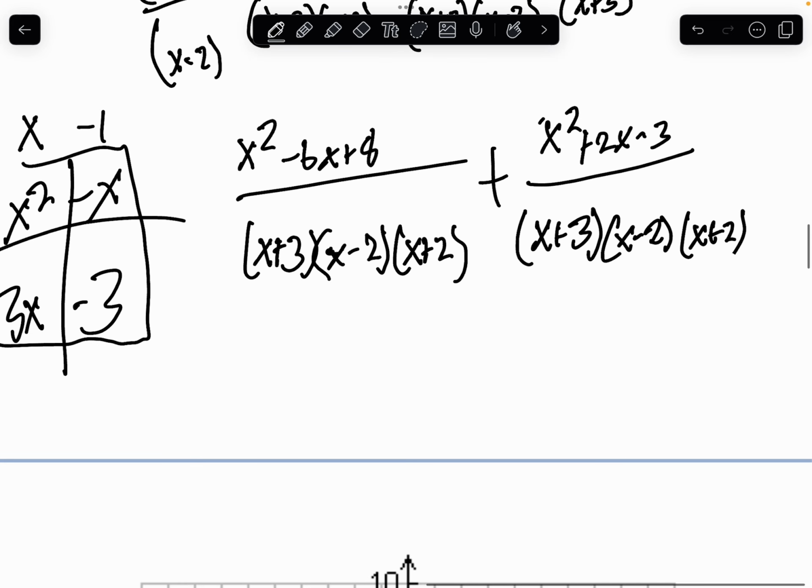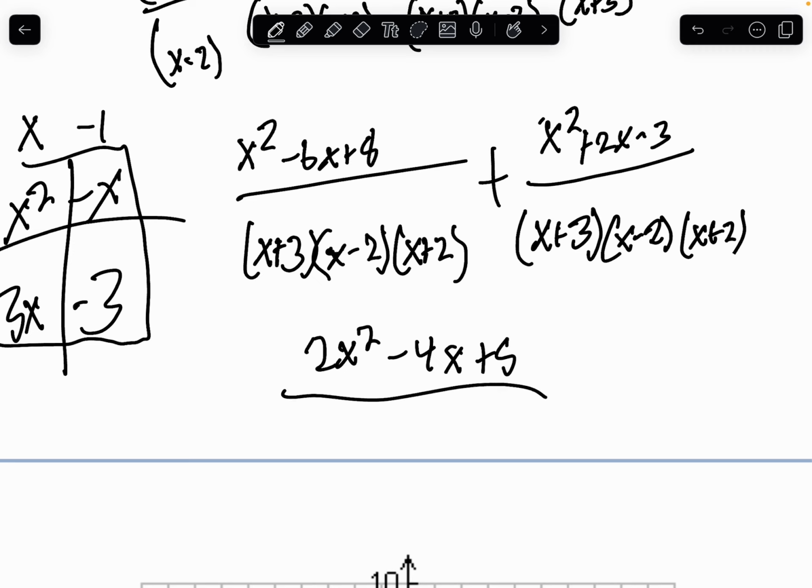Now we can add the top, so it's going to be 2x squared minus 4x plus 5. And the bottom's going to be x plus 3 times x minus 2 times x plus 2.